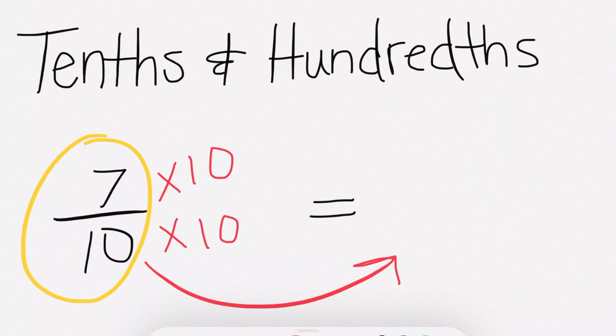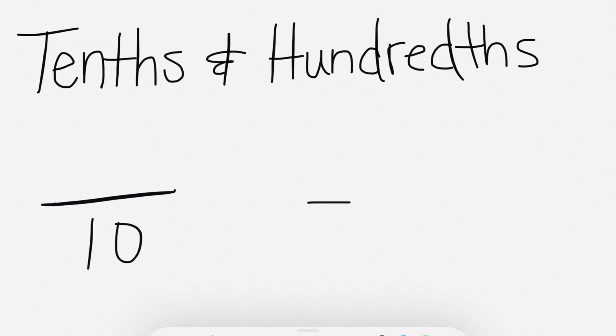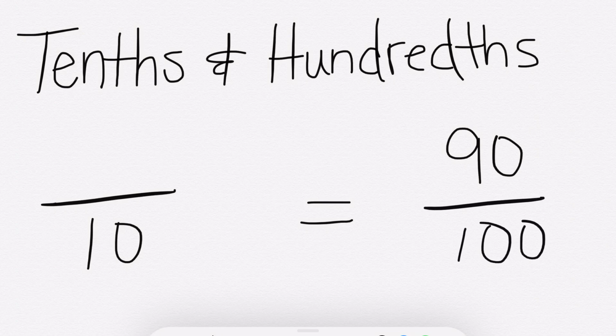Now what we're going to do is we're going to go back the other way. We're just going to do the very opposite, where I'm going to give you the hundredths and you're going to have to figure out the tenths. So first we're going to do how many tenths is equivalent to 90 hundredths. So this might seem a little bit tricky, but we're actually going to do the same exact step.